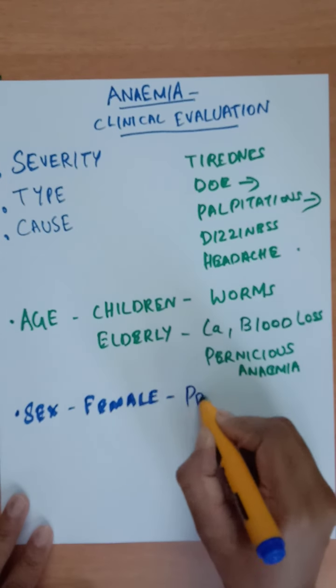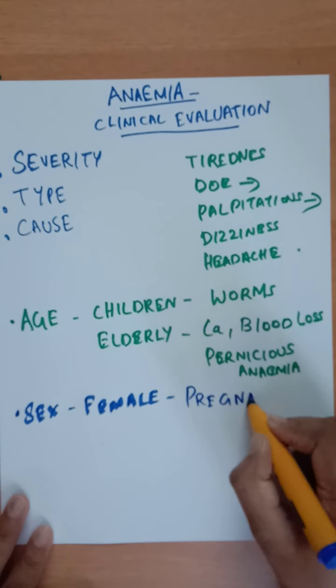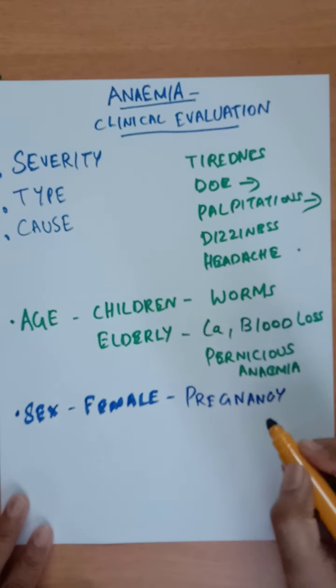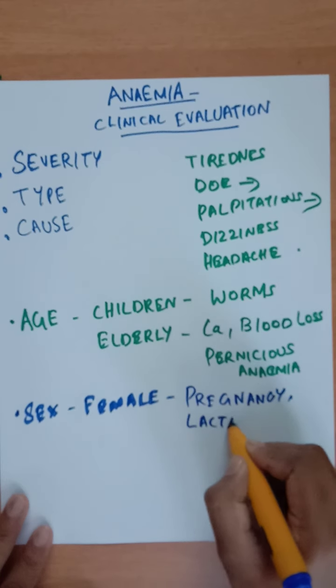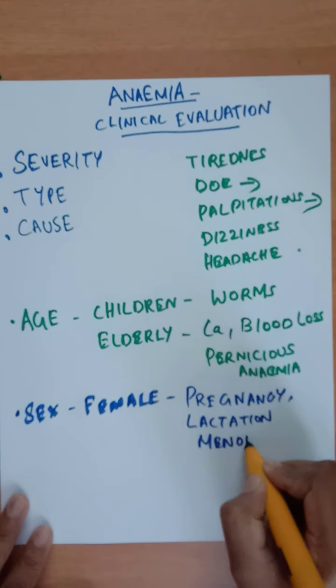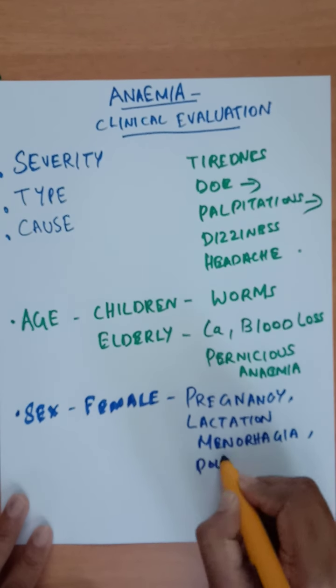there is more chance of anemia due to physiological conditions, increased physiological requirements, pregnancy, lactation, and we have to suspect menorrhagia, polymenorrhea.